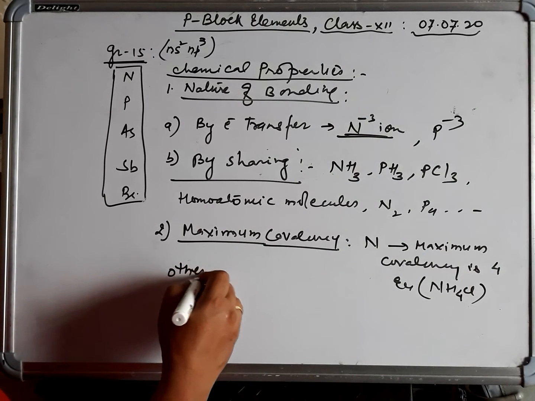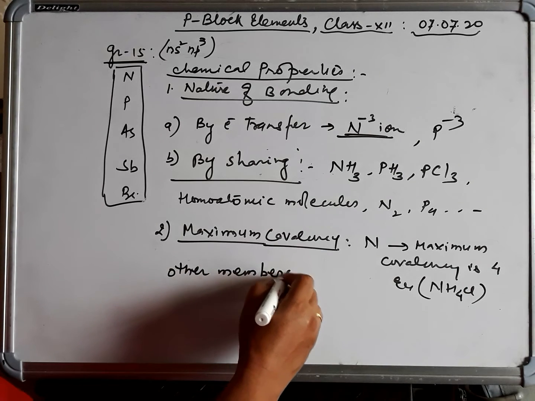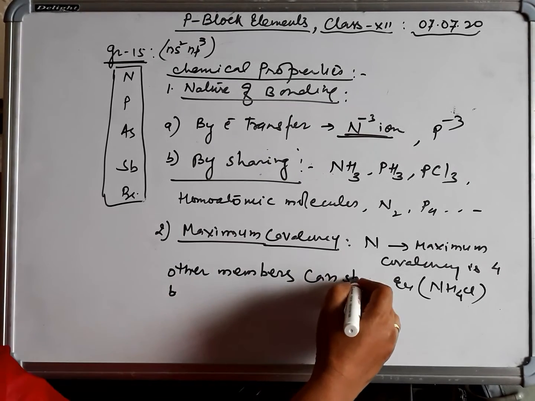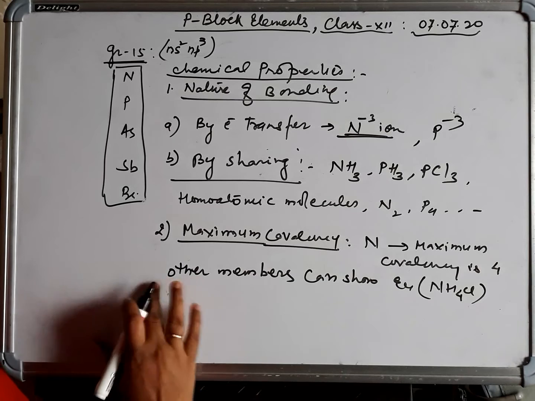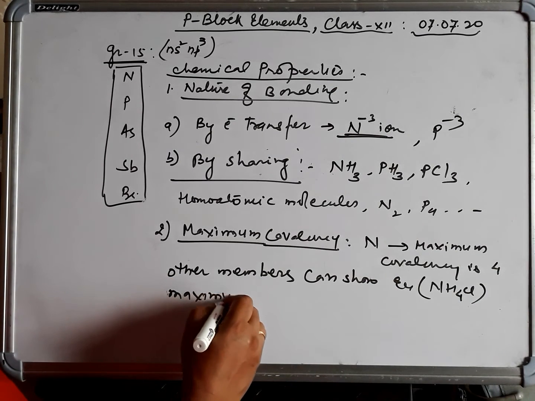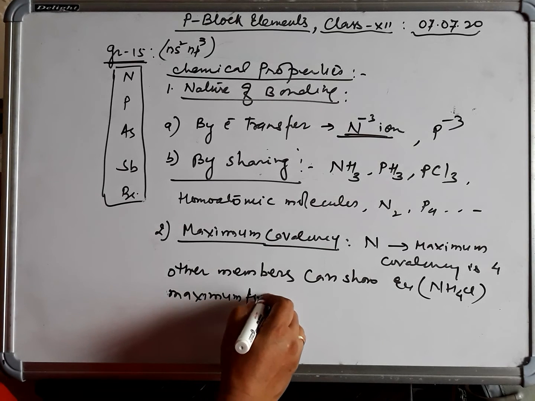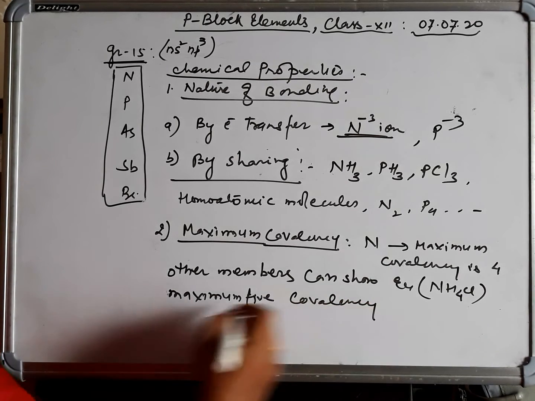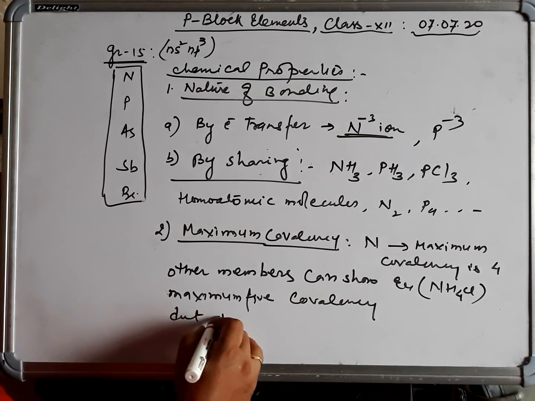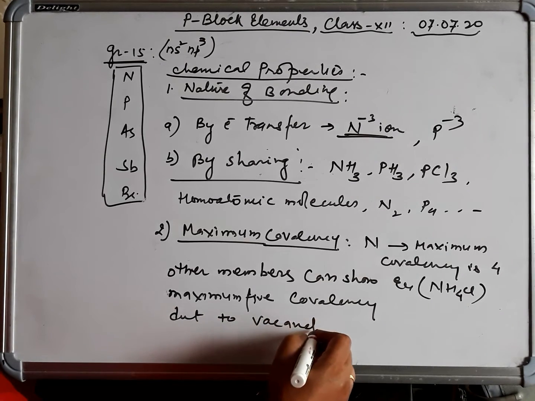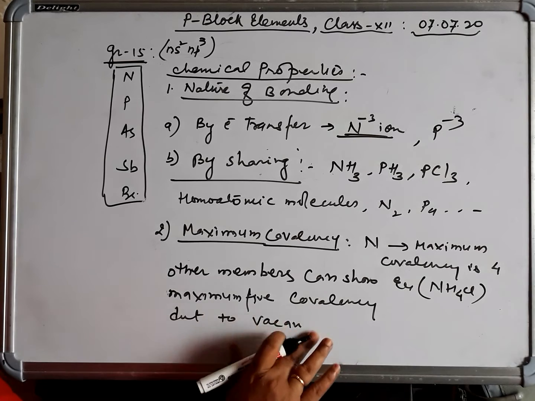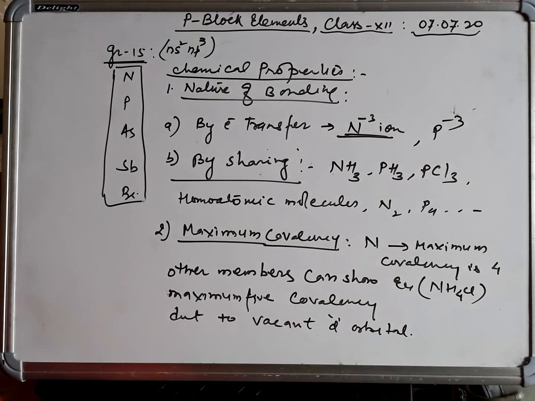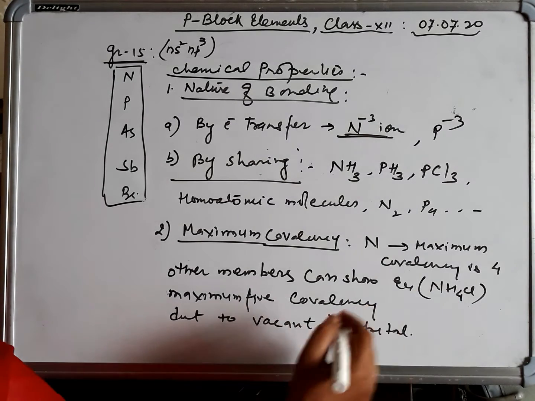And other members can show a maximum covalency of 5 due to vacant d orbitals. So they can easily extend their covalency.